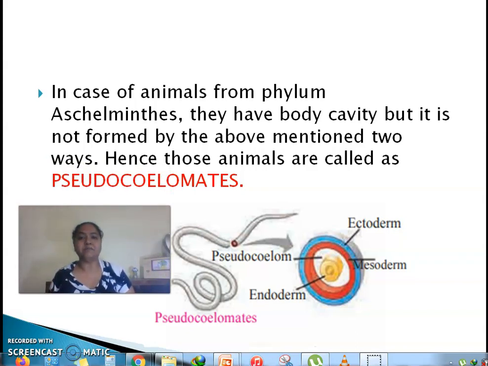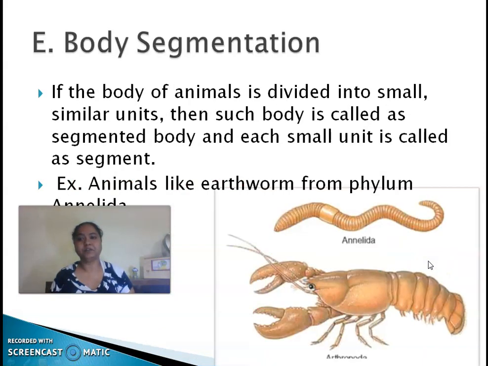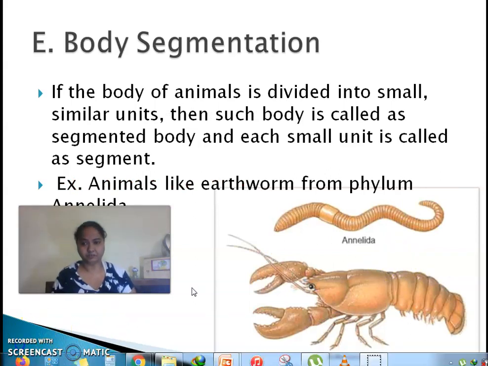In case of animals of phylum Aschelminthes, they have a body cavity, but it is not formed by the above mentioned way. Hence, they are pseudo, that is false, and therefore they are known as pseudocoelomates.